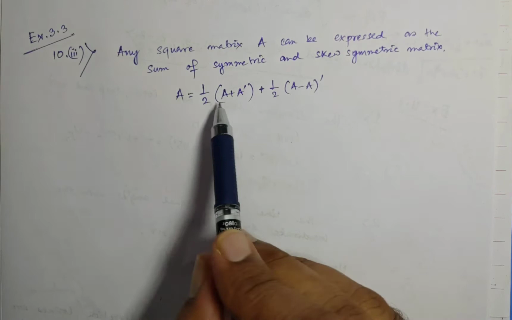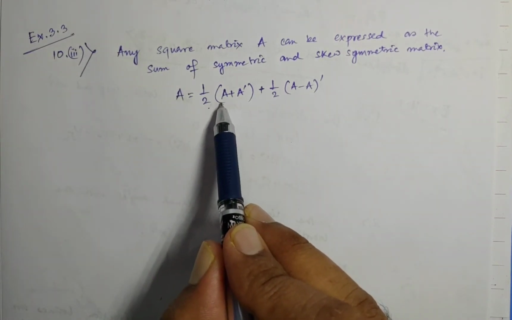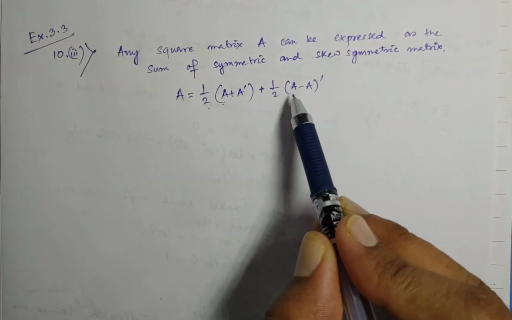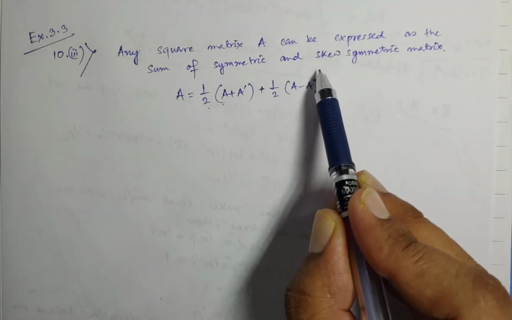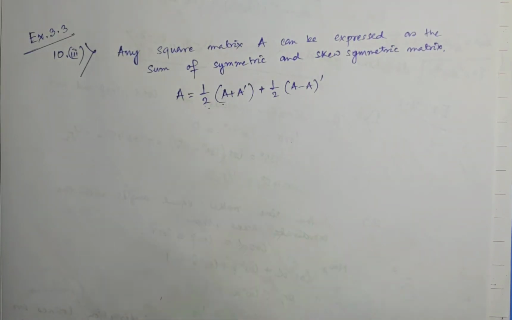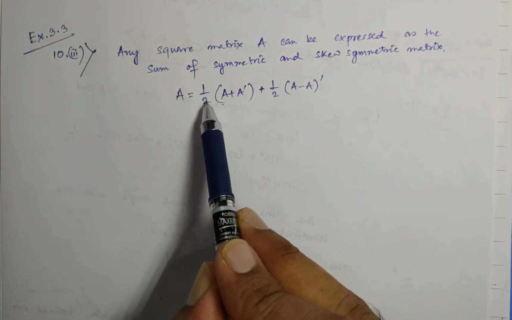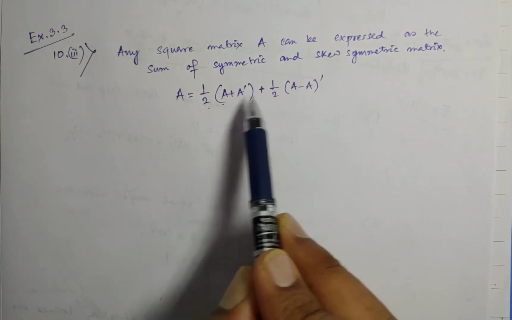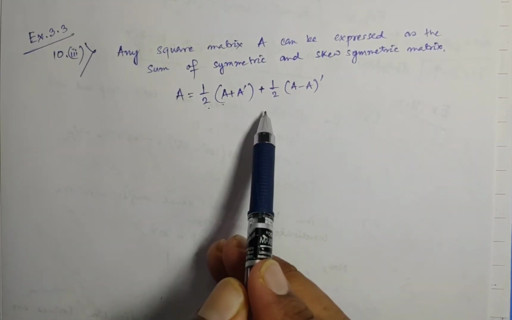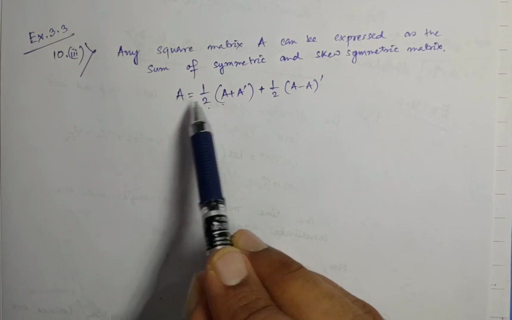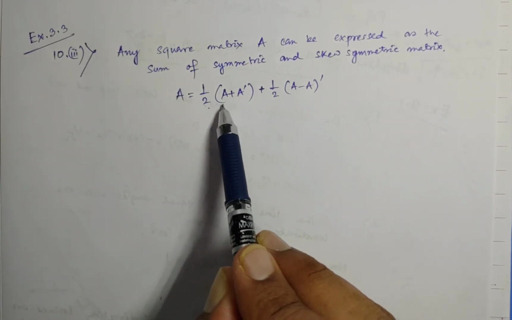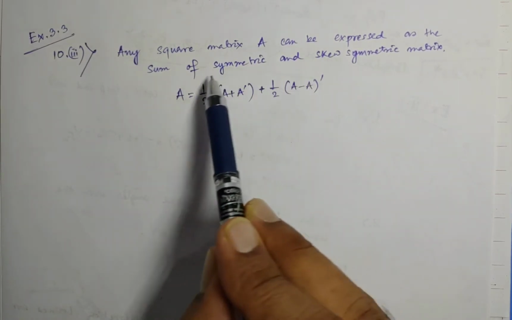If you look here, it is half A plus half A transpose, half A minus half A transpose. So half A transpose and minus half A transpose go away, right? What remains? Half A plus half A, and half A plus half A is A. So it's just the same thing. Just because I have to express it in terms of symmetric and skew symmetric, I write it like this.